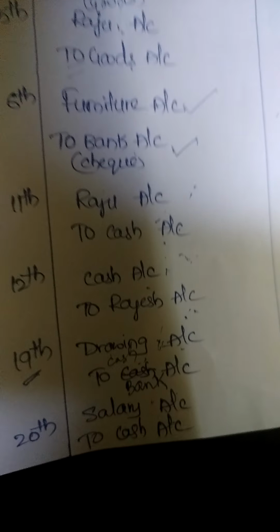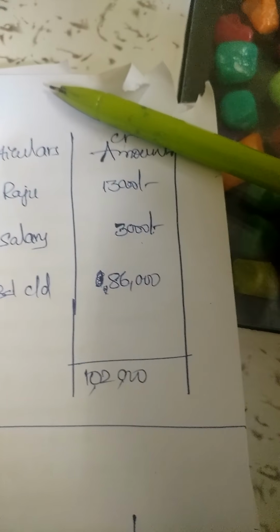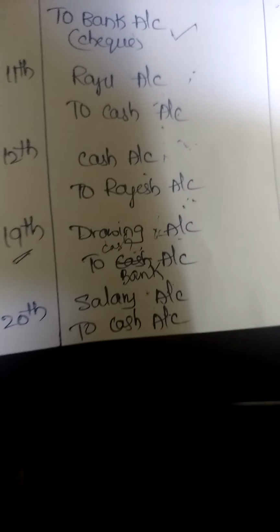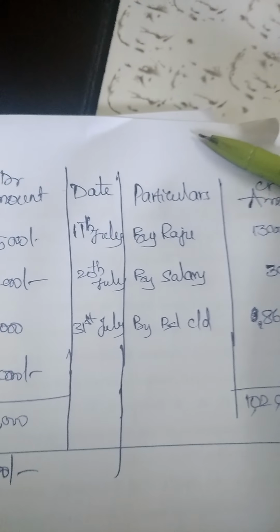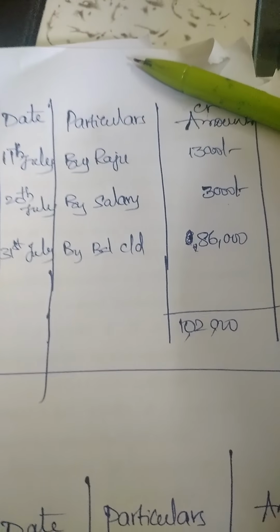So on 11th July we have Raju account to cash account. So how do we write this one? By Raju, 13,000 rupees. Next one is on 20th July, salary account, that is to cash account. So by salary the amount is 3,000 rupees.